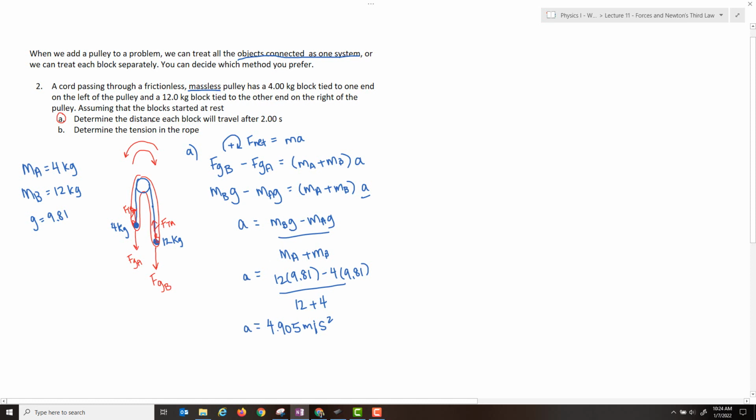All right, so we want to know the distance that the block is going to travel after 2 seconds. So I'm looking for my delta S. That's my question mark. My time is 2 seconds. It says, assuming that the block started at rest, so that means my V initial is 0 meters per second. And we just found out that the acceleration is 4.905 meters per second squared.